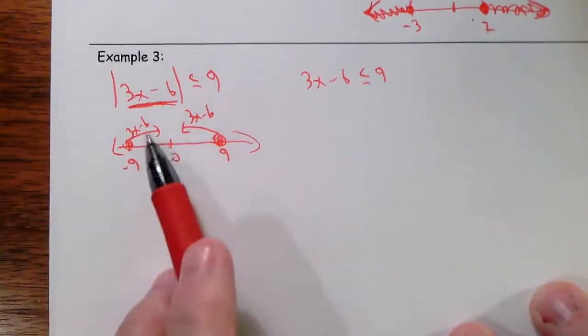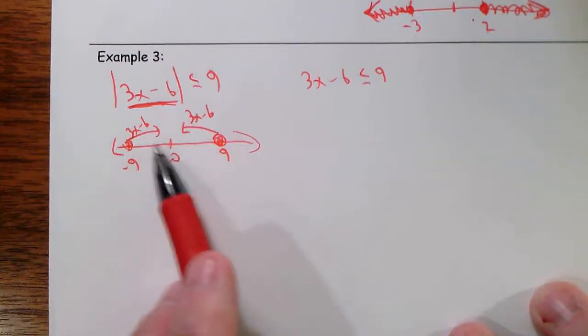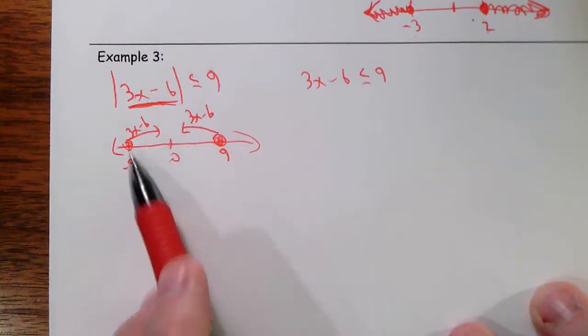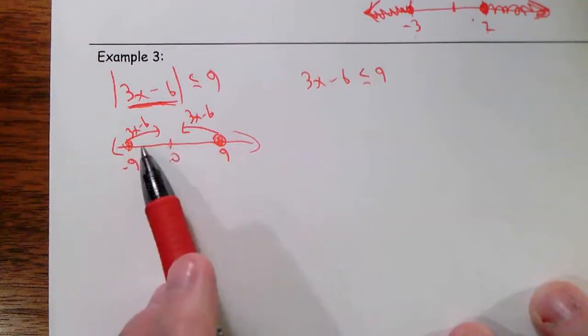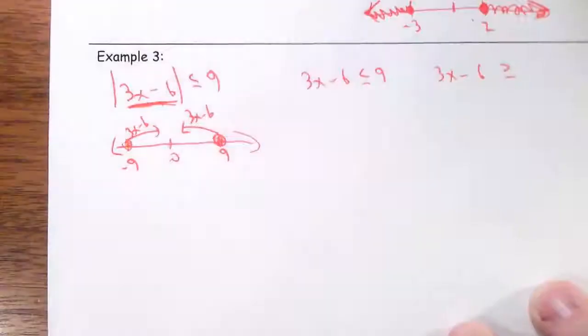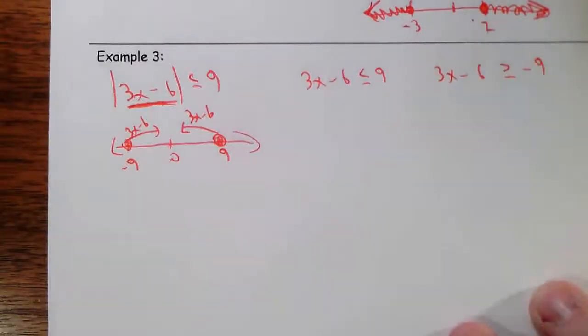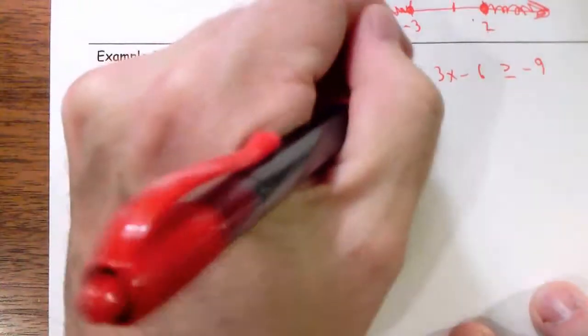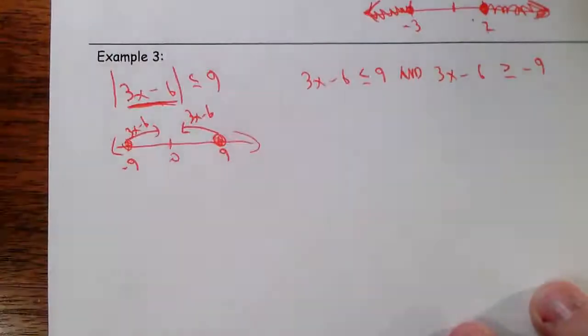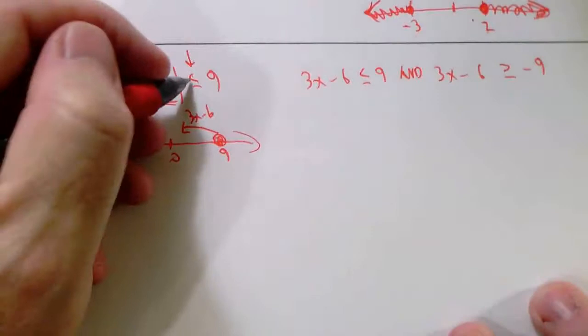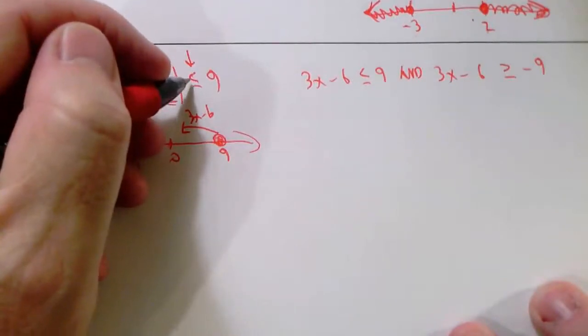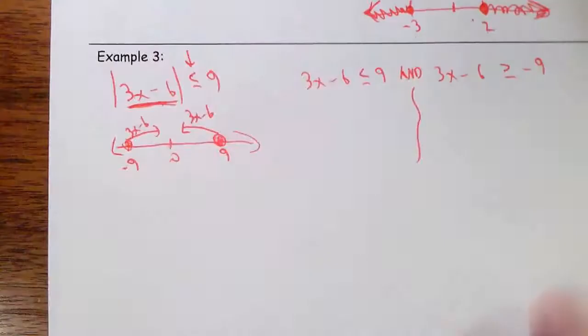And on the other side, this 3x minus 6 has to be greater than the negative 9 if I want it to be less than 9 spots from 0. 3x minus 6 has to be greater than or equal to the negative 9. And this would be an and compound sentence because of the symbol here. It's a less than, making it an and. And I can solve both of these.